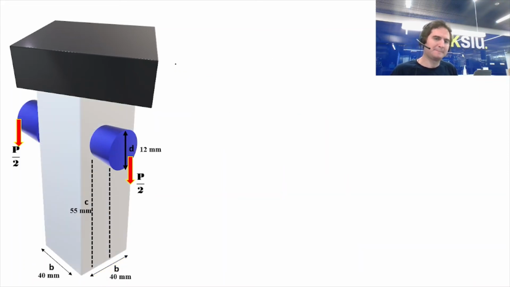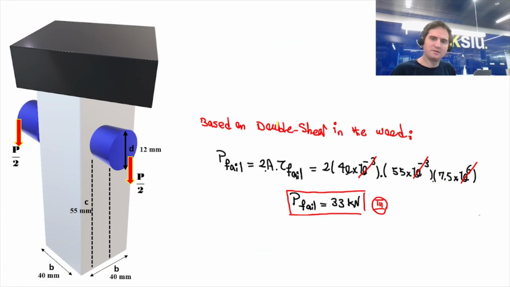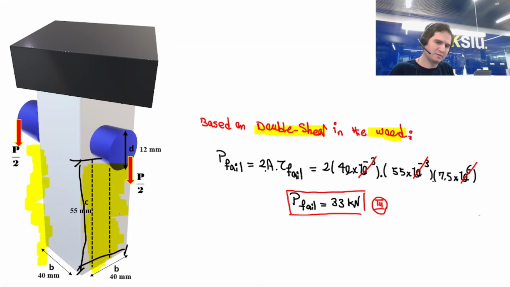We also have double shear in wood. As the force P is applied, it applies to this area on the wood and one at the rear. That area is 40 times the length from here to here. So this is my cross-sectional area, one of them, and one at the back.